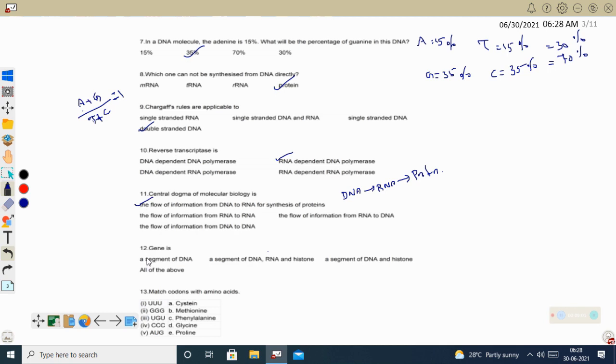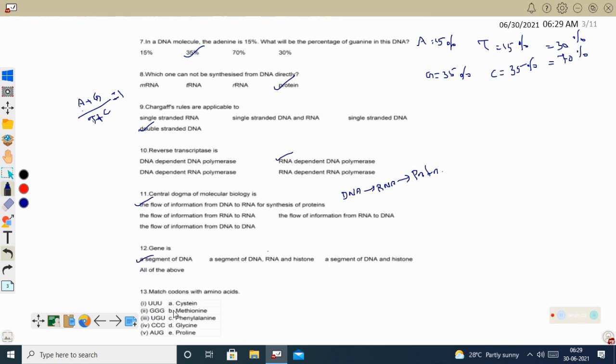Next question: a gene is a discrete, short segment of DNA which can control a particular character. So here the correct option is a segment of DNA. A segment of DNA, RNA and histone is wrong, and a segment of DNA and histone is also wrong. A segment of DNA which can control a characteristic feature is called a gene.